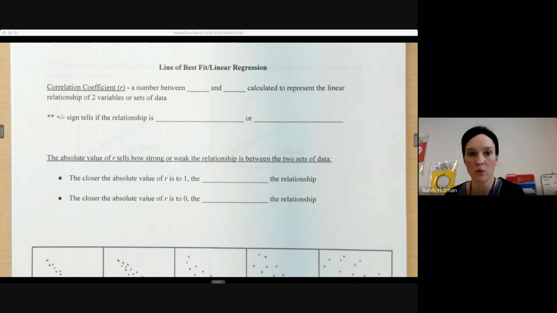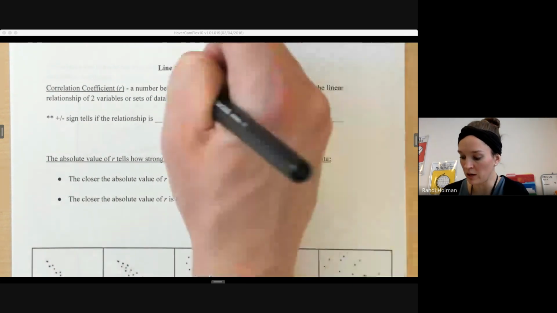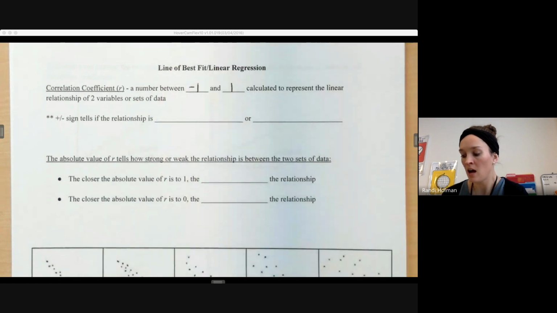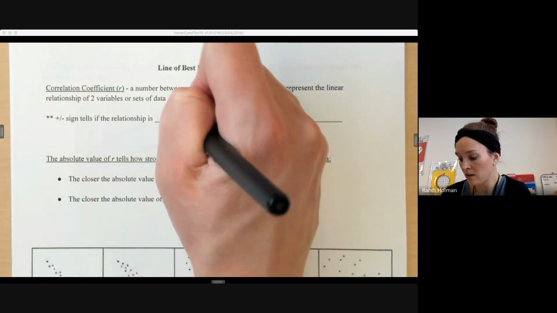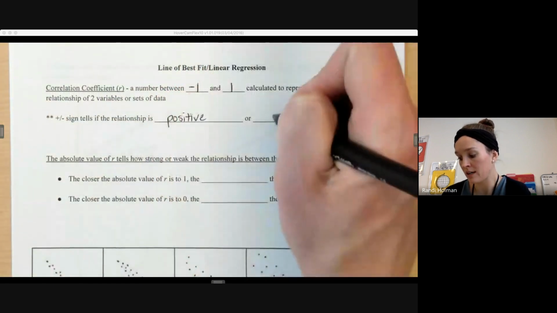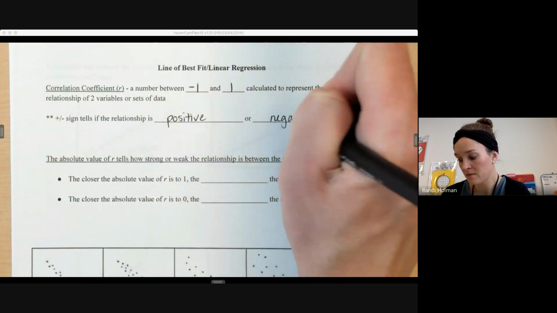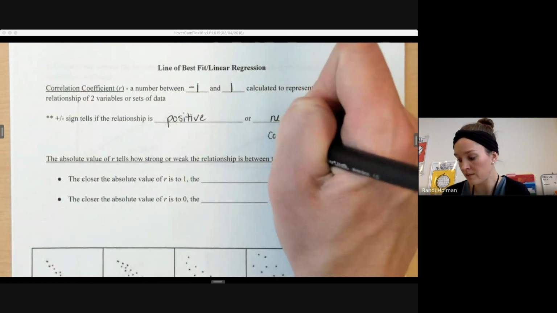A correlation coefficient is a number between -1 and 1 that's calculated to represent the linear relationship of two variables. The positive or negative sign tells you if the relationship has positive or negative correlation.